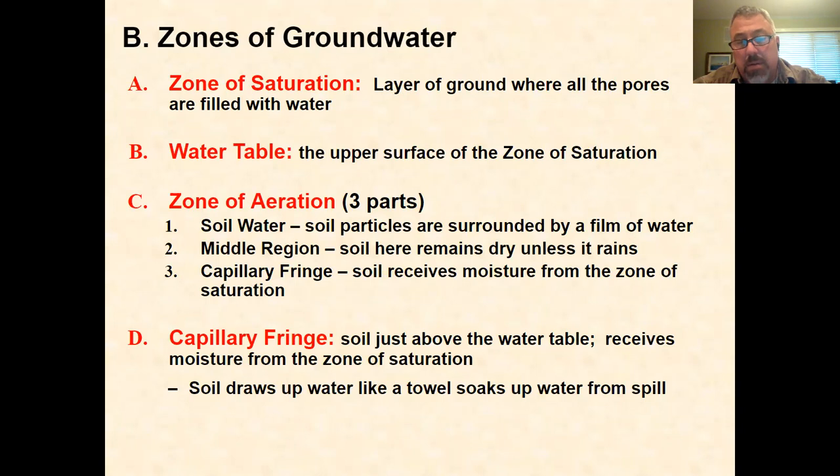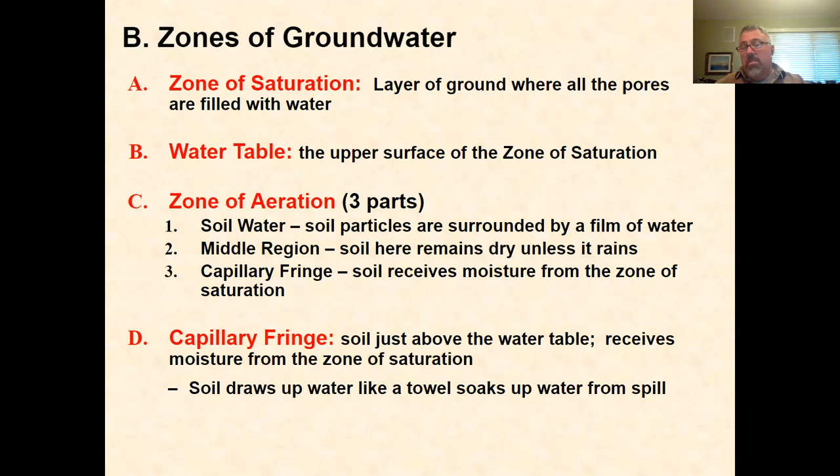And zone of saturation is that area where all of the pores are filled. Now that's at the bottom. Imagine you've poured water into a cup and the level of the water is full. That would be the zone of saturation. The very top edge of that water would be what we call the water table.